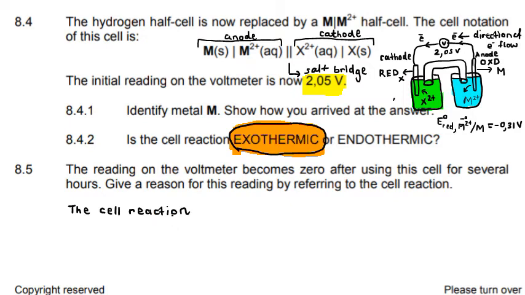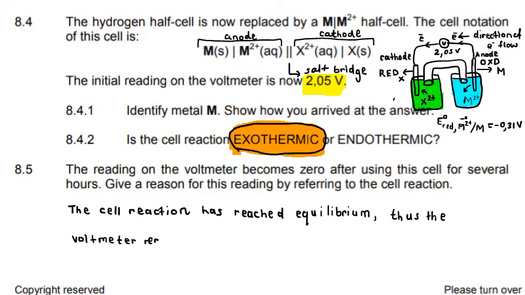They haven't stopped. They've just reached equilibrium. So the cell reactions have reached equilibrium. Thus, the voltmeter reading is 0. Okay, and it's as simple as that.